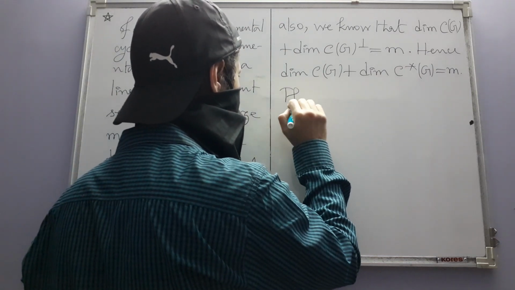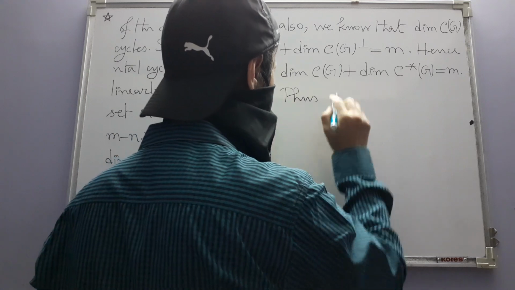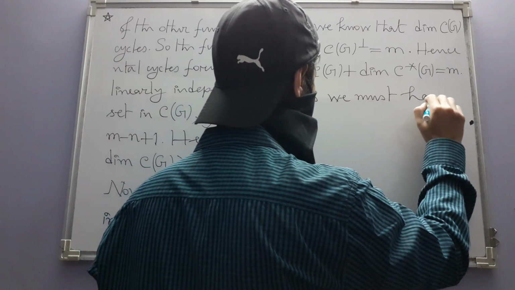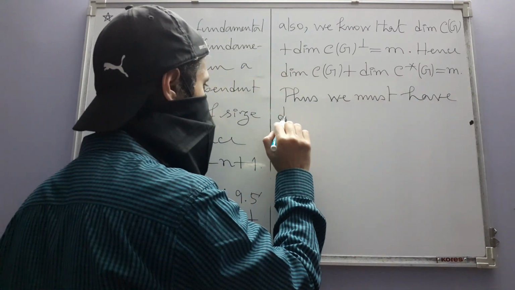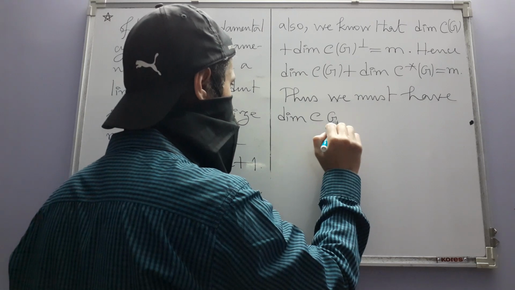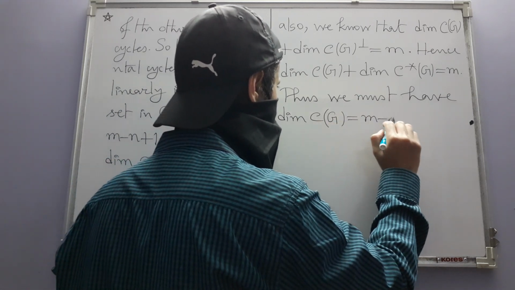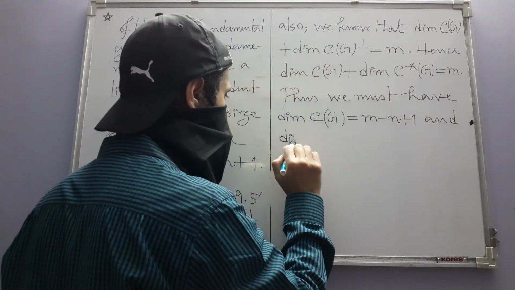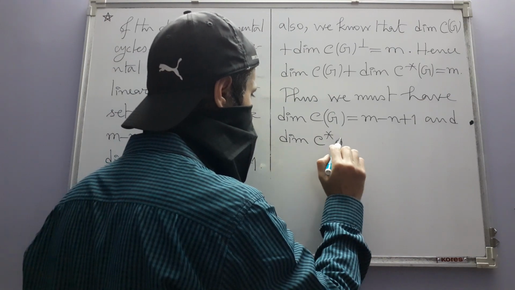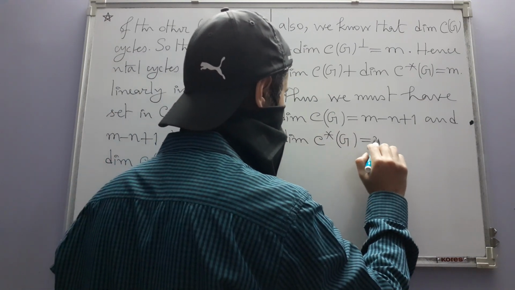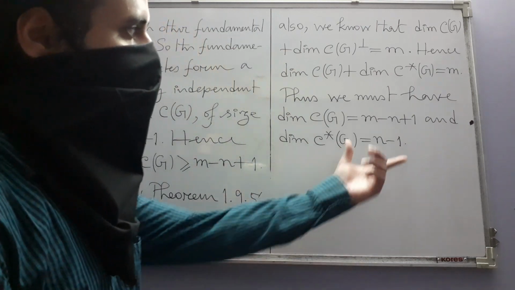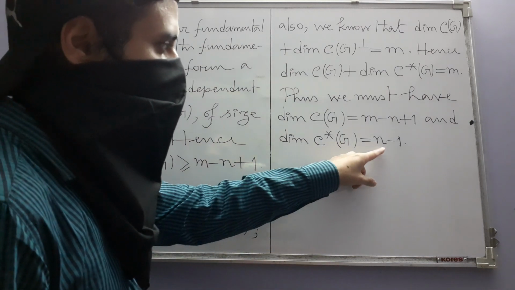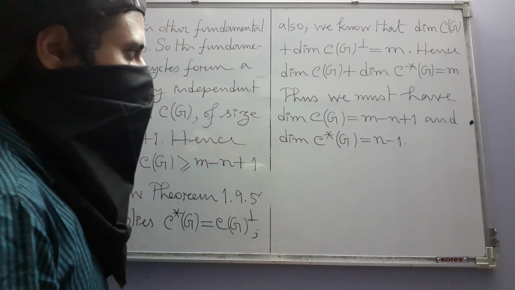Thus, we must have and, but what are these numbers? This is the number of all fundamental cycles and this is the number of all fundamental cuts.